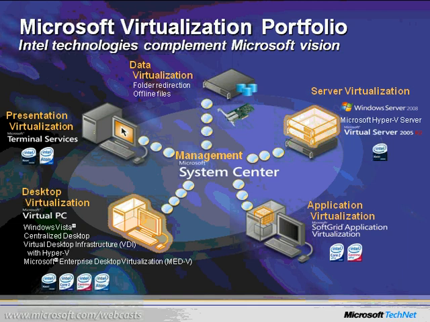We also have the ability to deliver that over the network using Microsoft's Virtual Desktop Initiative feature set. And for more information on desktop virtualization, I'd encourage you to go to www.microsoft.com/virtualization, where some of the desktop-specific virtualization initiatives are spelled out in greater detail.